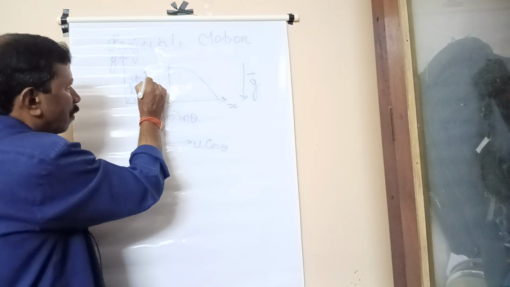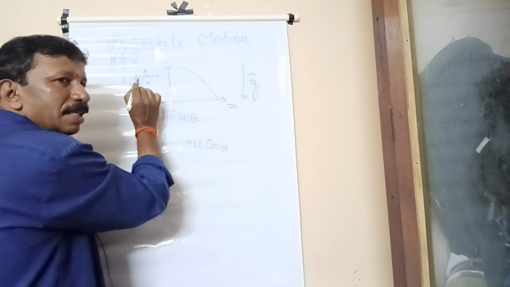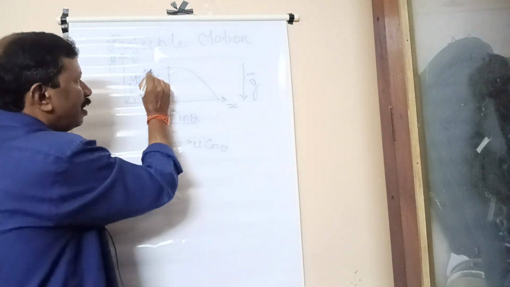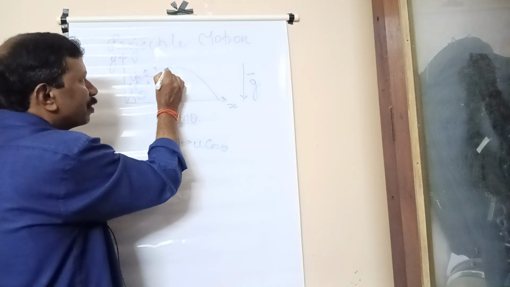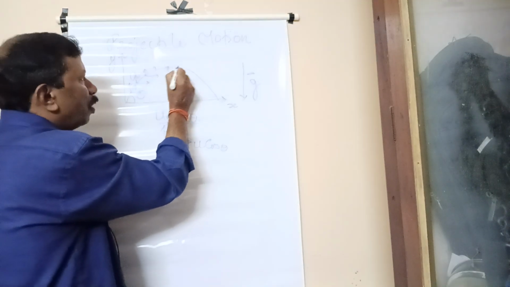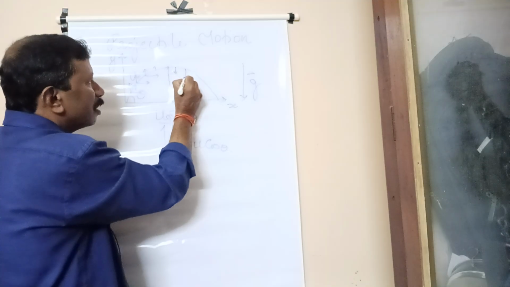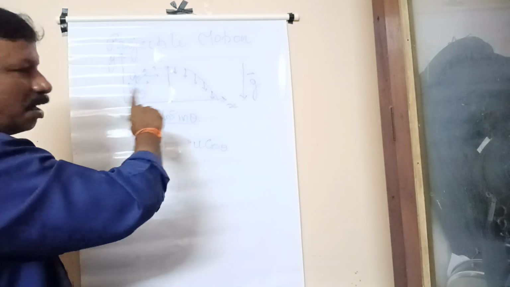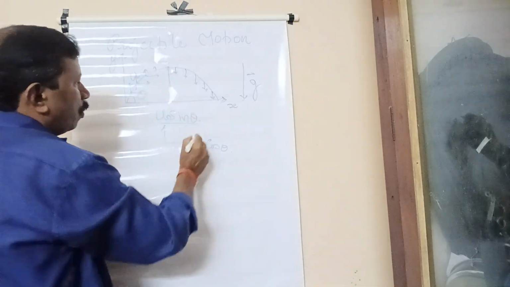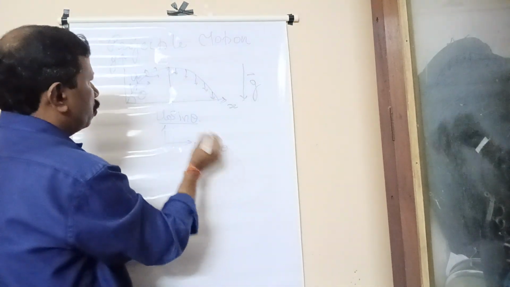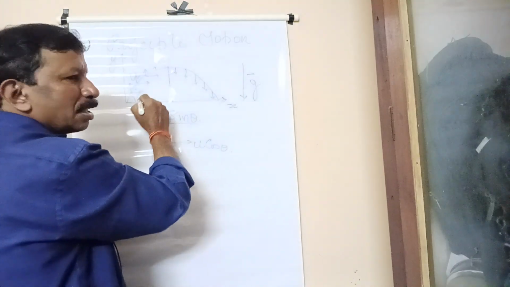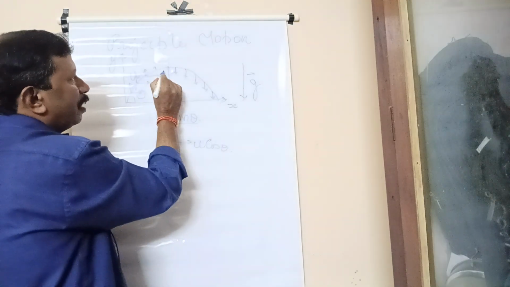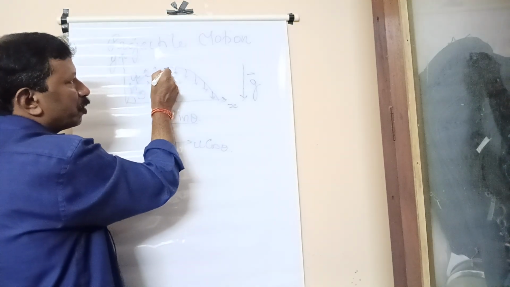The vertical velocity u sin theta decreases, reaches 0, and then increases. The horizontal velocity u cos theta remains constant throughout the motion.